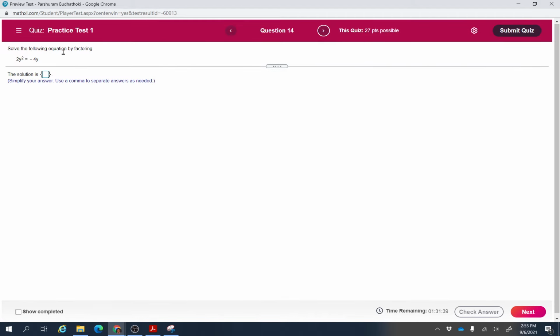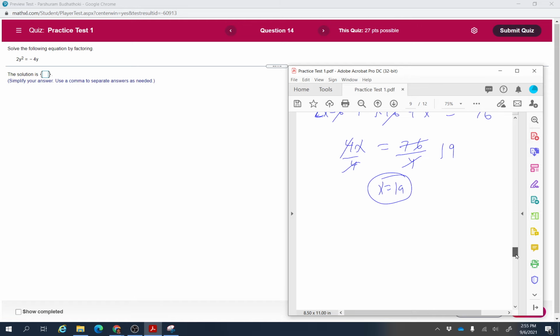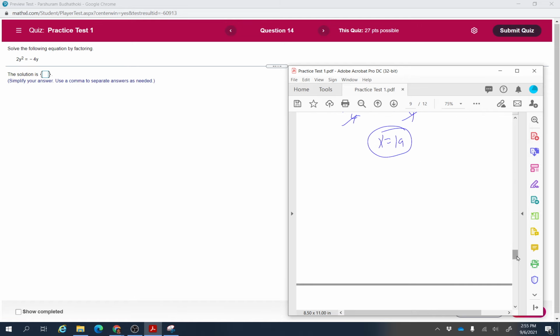Solve the following equation by factoring. We can bring this negative 4y on the left side and find the factor. There are different ways to solve this kind of quadratic equation. This is problem 14.